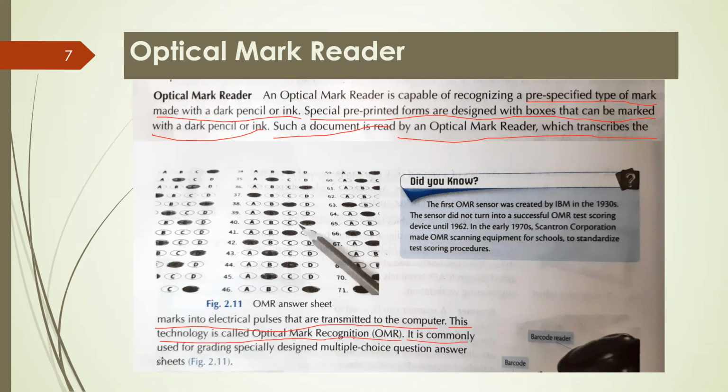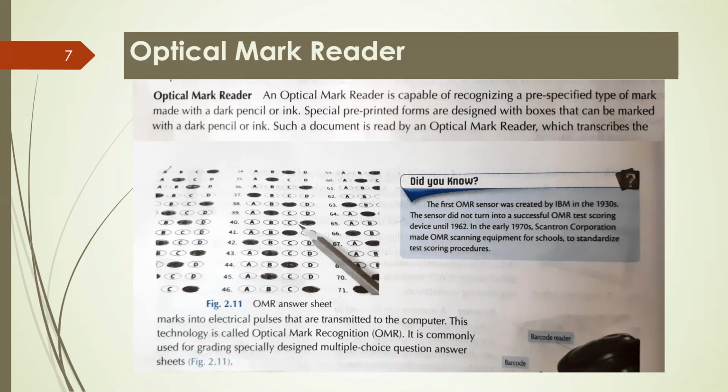It is commonly used for grading specially designed multiple choice question answer sheets. Nowadays, in competitive exams, interviews and all, they are conducting with this OMR sheet only. You can see here the A, B, C, D options are there.